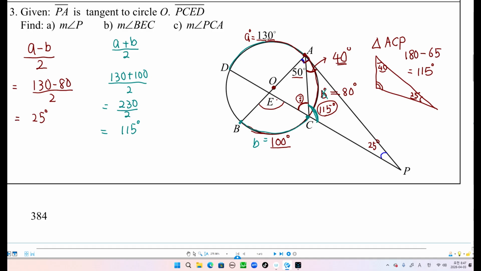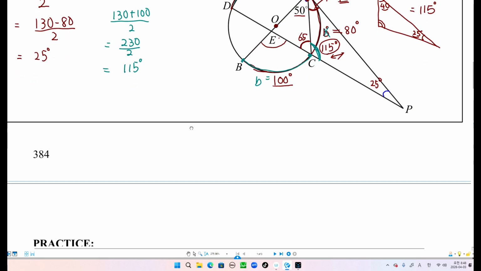Inscribed angle is what? This one is a measurable arc, which is equal to the central angle, right? So the inscribed angle is half of the central angle. So 130, half of that, 65 degrees. After that, take 65 off from 180, which is what? 115. You can find the angle this way too. I forgot yesterday.